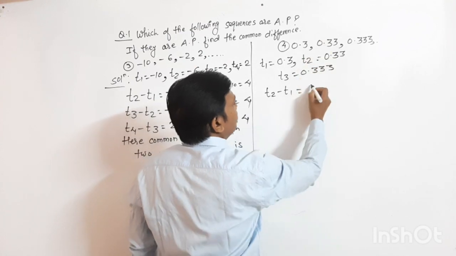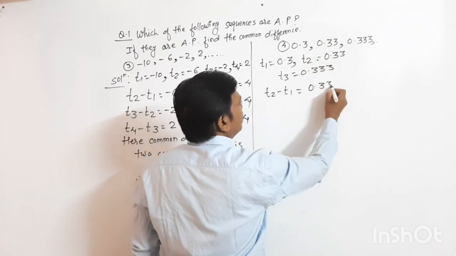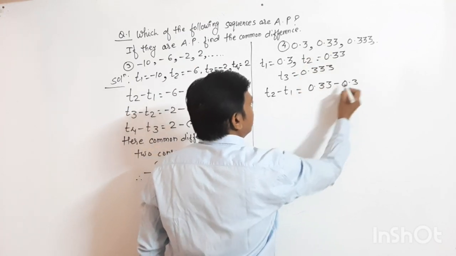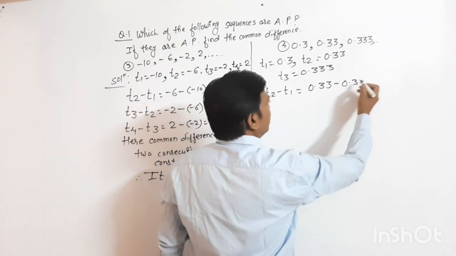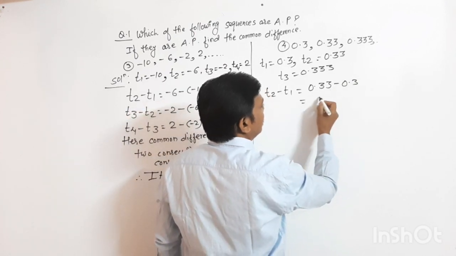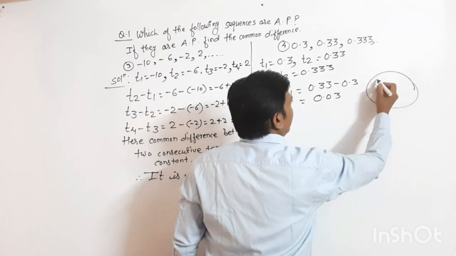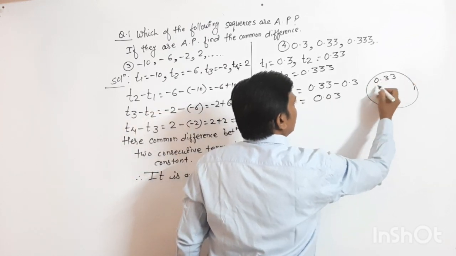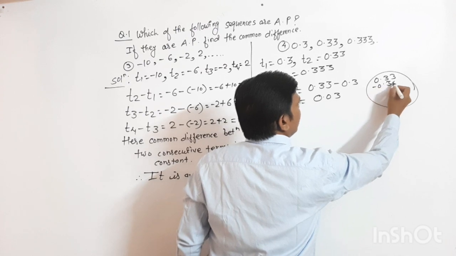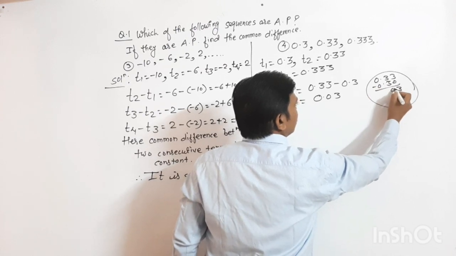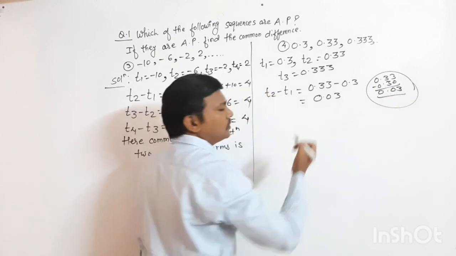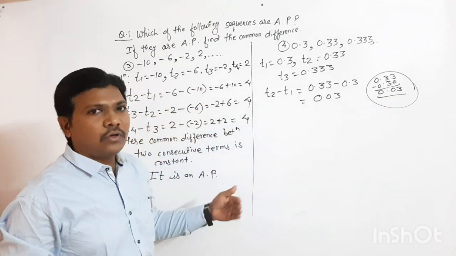So T2 is 0.33 minus 0.3. So see, its answer is 0.03. So first difference is 0.03.